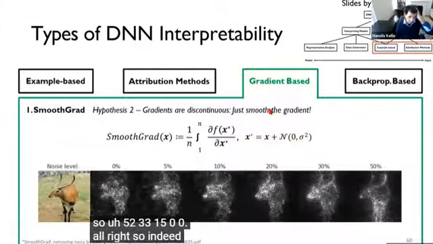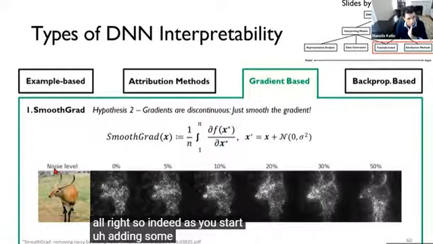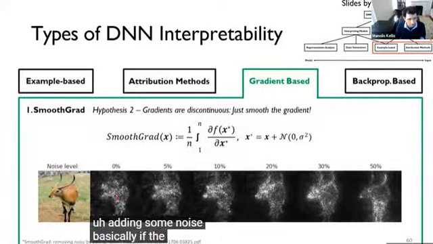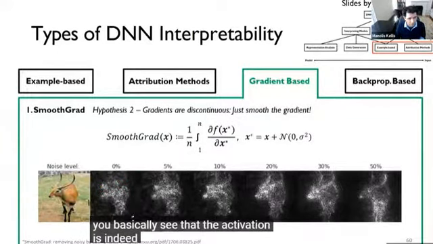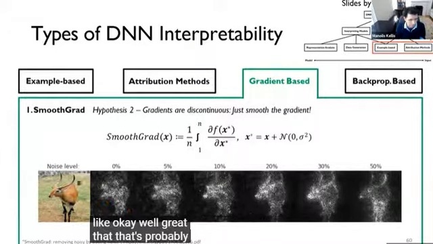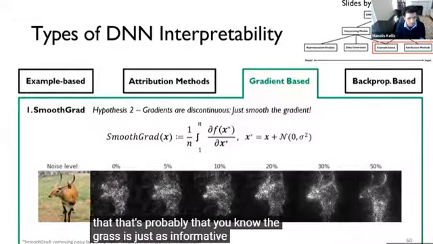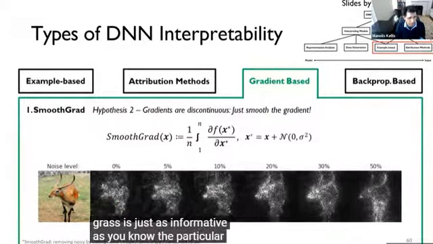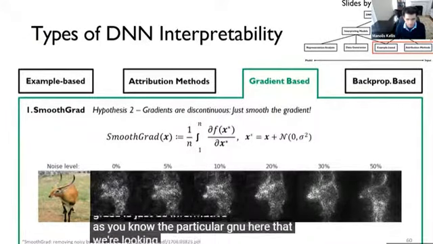All right, so indeed, as you start adding some noise, if the noise level is 0, you basically see that the activation is indeed happening all over. And you're like, okay, well, great. That's probably that, the grass is just as informative as the particular GNU here that we're looking at.